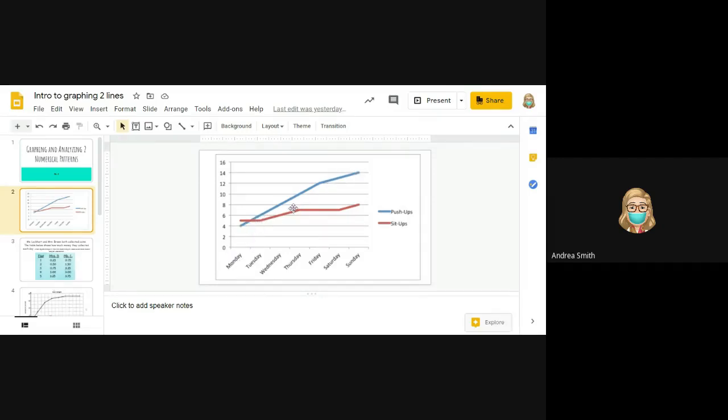Same thing that we did to plot our push-ups, we're going to plot our sit-ups. On Tuesday, if I follow Tuesday and I go up, you can see I didn't do anything any different. It's the same number as Monday, 5. Okay, they're the same. But my point is, you can put more than one thing on a line graph.